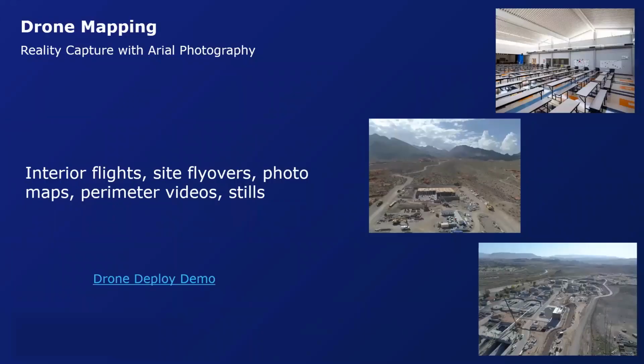So for drone mapping, on the right, the bottom two are pictures that were taken on the Phantom, and the top one is a potential use case for the Mavic Mini. For the interior flights that are possible with the Mini, it has propeller guards on it. You can just fly it around any building that might have a hard to access area.